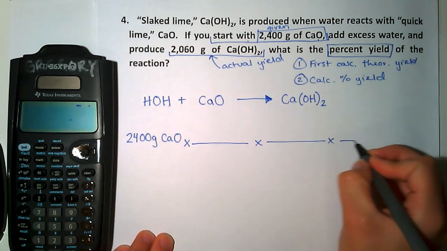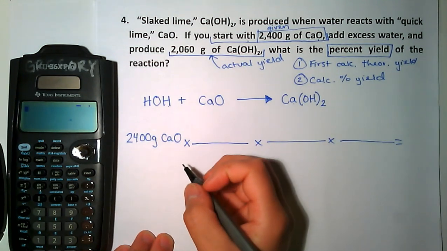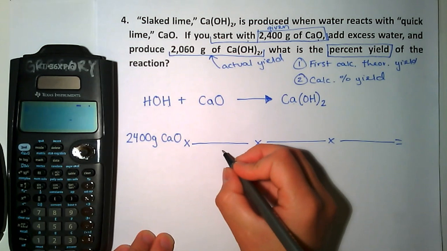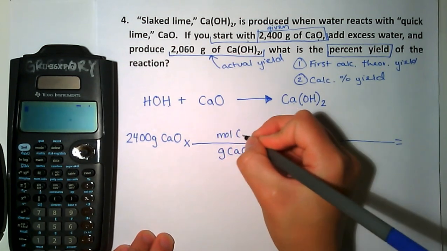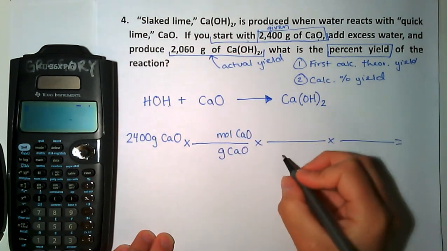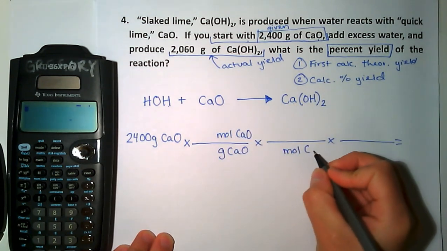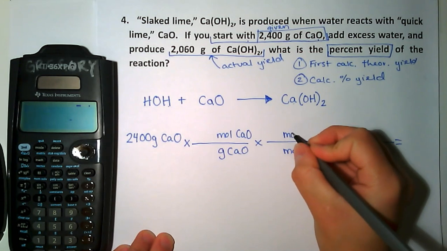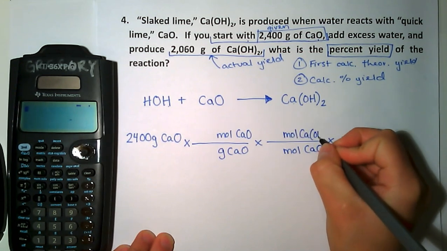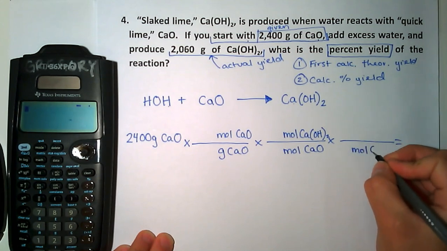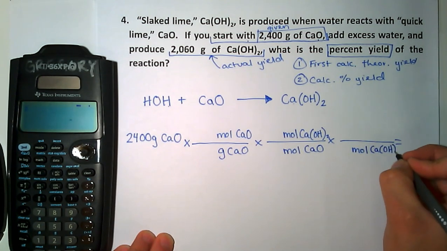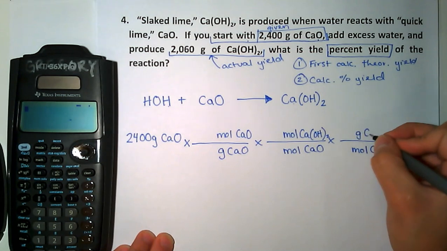Our first conversion factor is going to take grams of calcium oxide to moles of calcium oxide. Then our second conversion factor will be our mole-to-mole ratio, moles of calcium oxide to moles of Ca(OH)2. And then our last conversion factor will take our moles of Ca(OH)2 and convert to grams of Ca(OH)2.